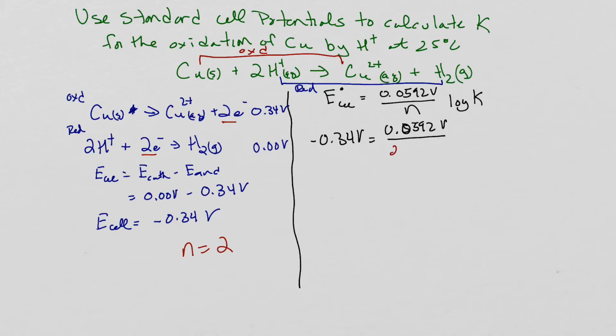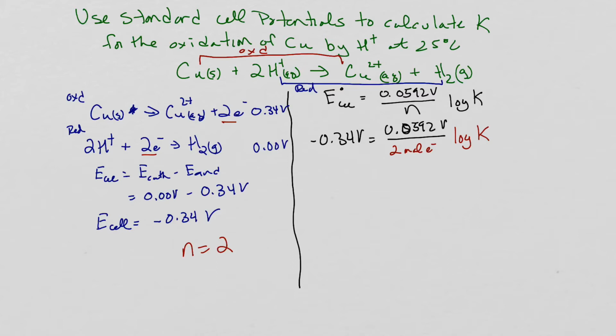So we have 2 moles of electrons, log of K. So if we take care of a little math here, we do a little rearranging, we can get the log of K by itself.